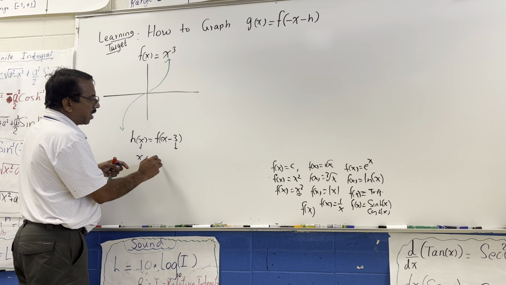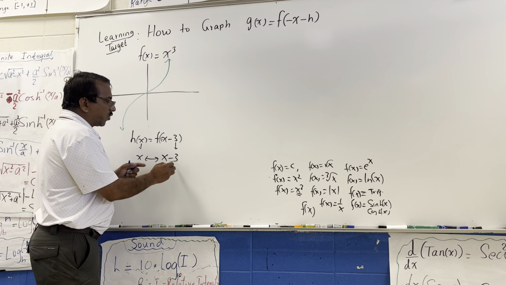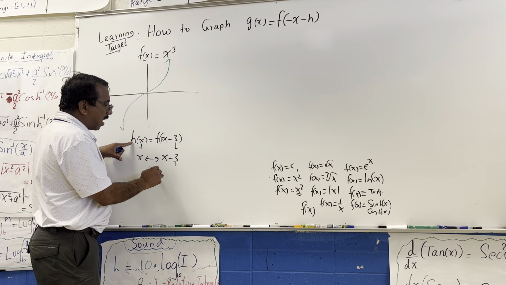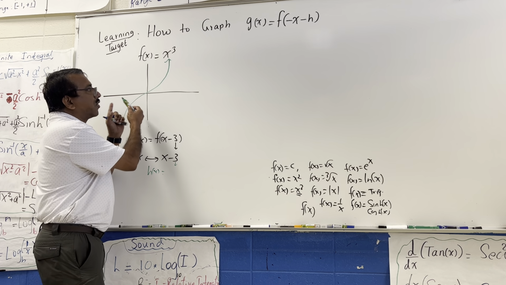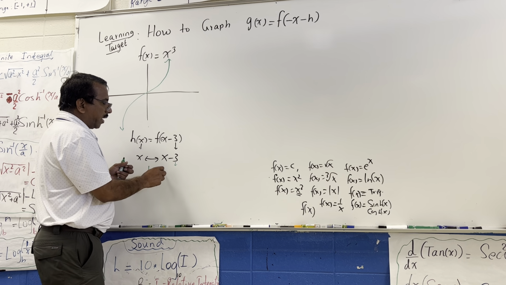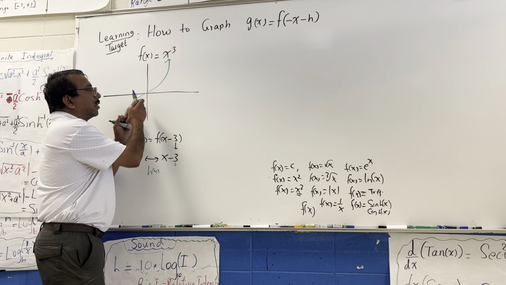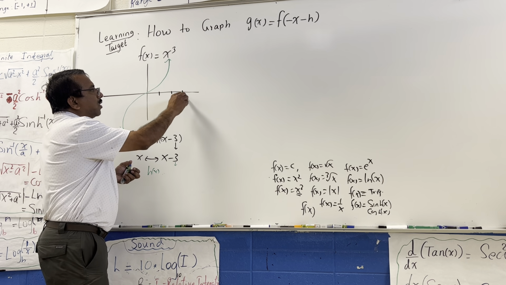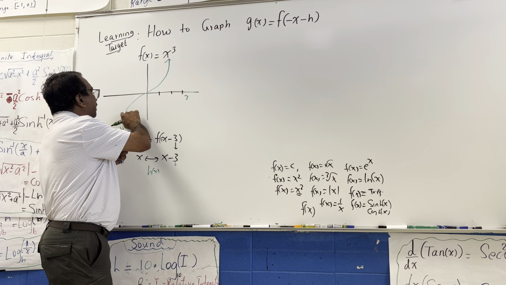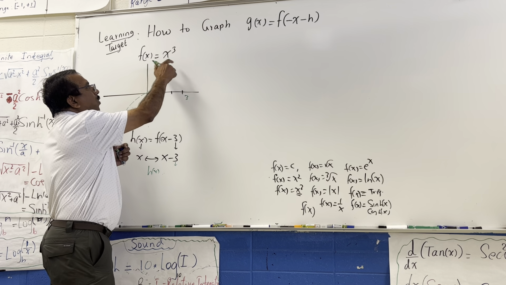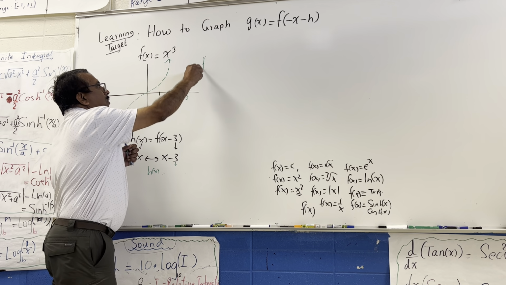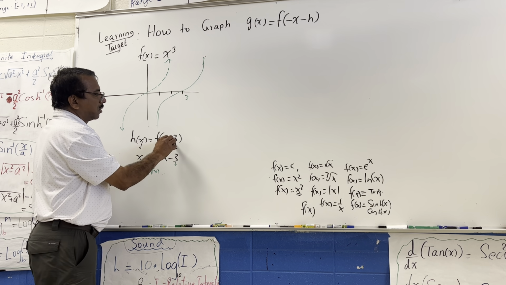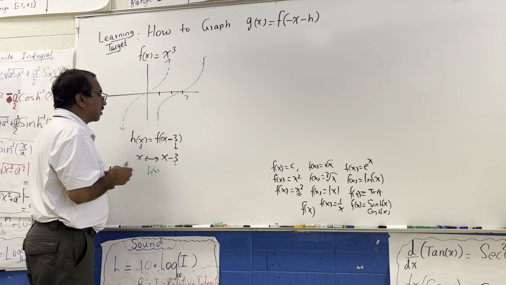So the graph of h(x) is the graph of f(x), but obtained by shifting the original function 3 units to the right, 1, 2, and 3. And the original graph of cube will go something like this. So that's the understanding of minus 3: the graph is shifting 3 units to the right.